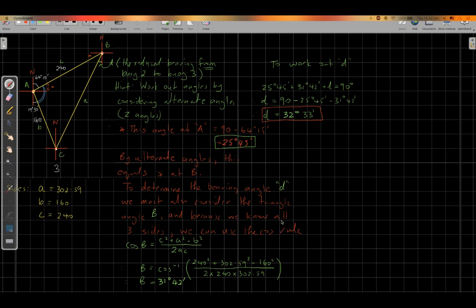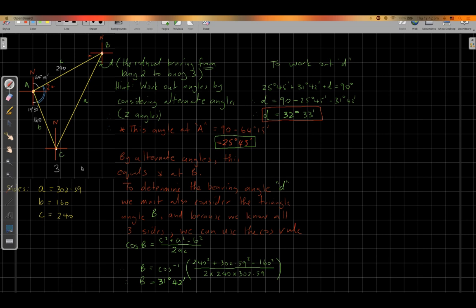So if you look at your coloured sheet that I gave you, when you're using cosine rule, if you know all three sides, you can work out any angle. Okay, and remember, we worked out that side A from over the page, we worked out that A was 302.59. So 302.59, B is 160, C is 240.